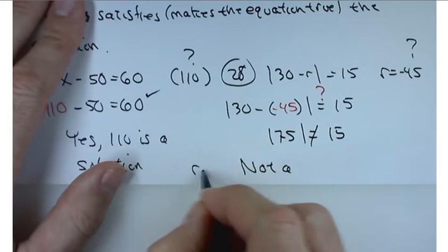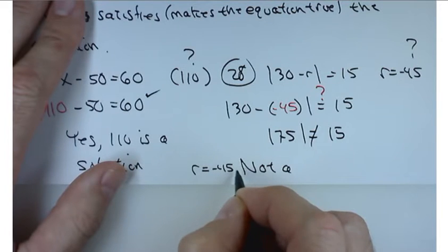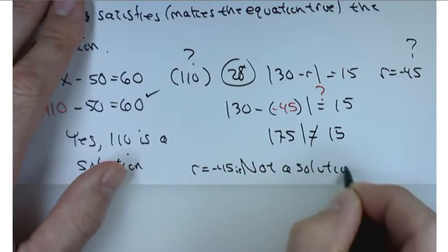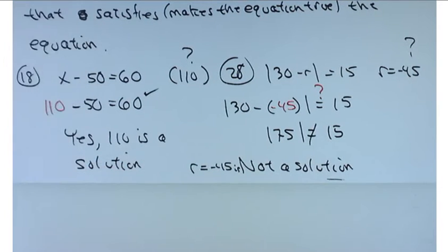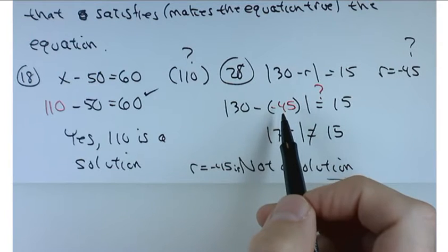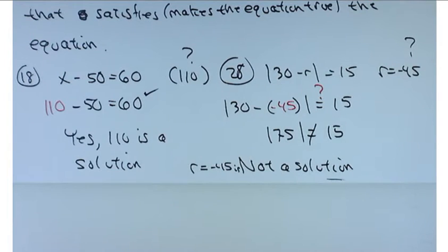So r equals negative 45 is not a solution. If it was a solution, they'd have to equal. Can anyone fix it? Can anyone figure out what would be the solution? Yeah, take away the negative. If this was positive 45, then 30 minus 45 would be negative 15. But then when you take the absolute value, you get positive 15. So positive 45 would actually work there.